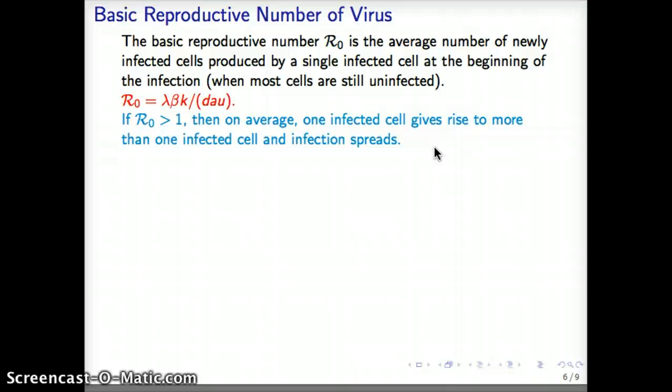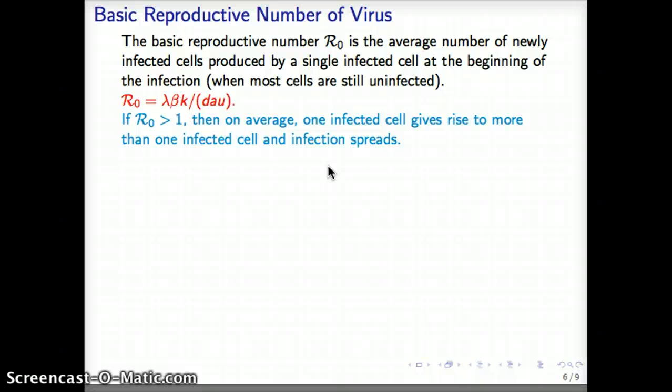Okay, so we have one behavior when R naught exceeds 1. In such case, we would say that on average, one infected cell gives rise to more than one infected cell, and therefore we would have an expansion of the infection.